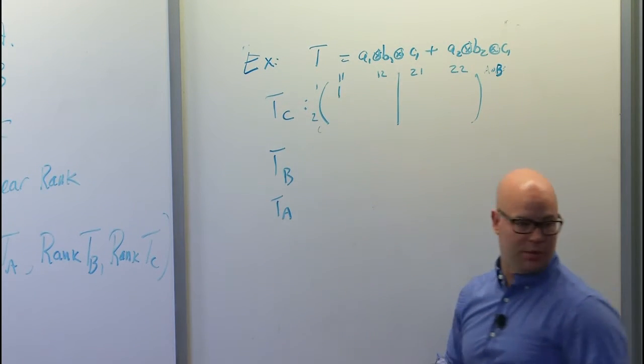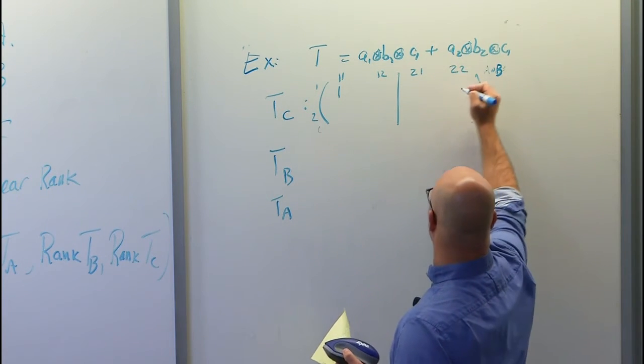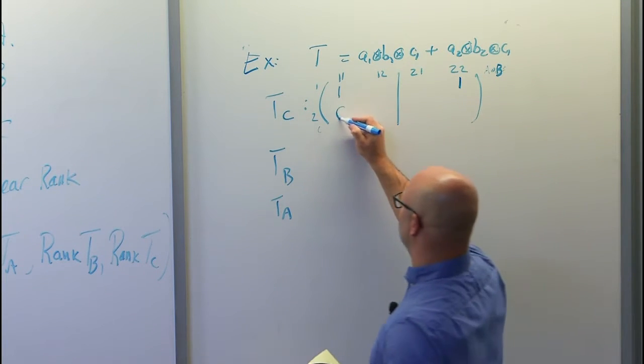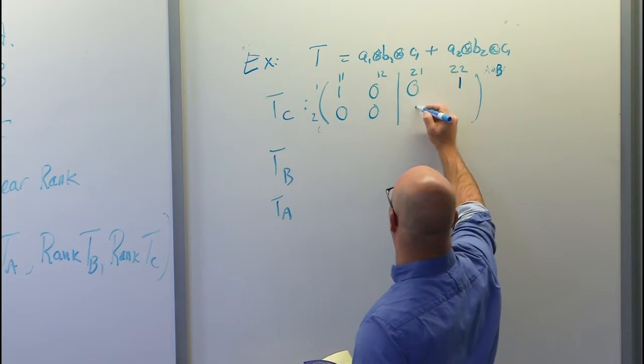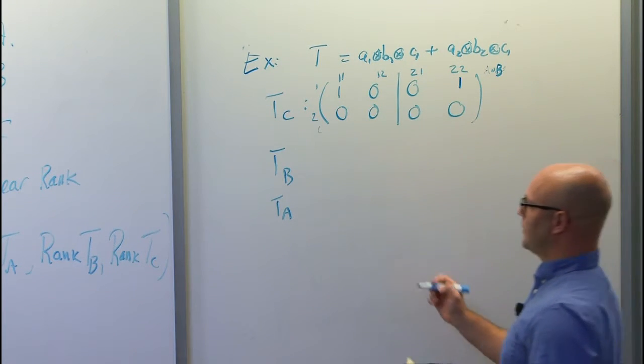I put the coefficient of that term here, and then there's only one other term, and its index is here. All the rest of the entries are 0. So that's the flattening in the C direction.